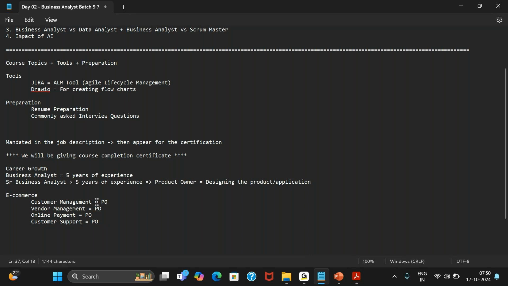Similarly, there could be n number of different smaller applications, and there could be one product owner in all of those applications. And within those product owners you will have senior BAs and BAs working on that application. So on the surface, the one big application that you see doing all the tasks is nothing but an amalgamation of multiple smaller applications, and each of those smaller applications will have their own product owner.